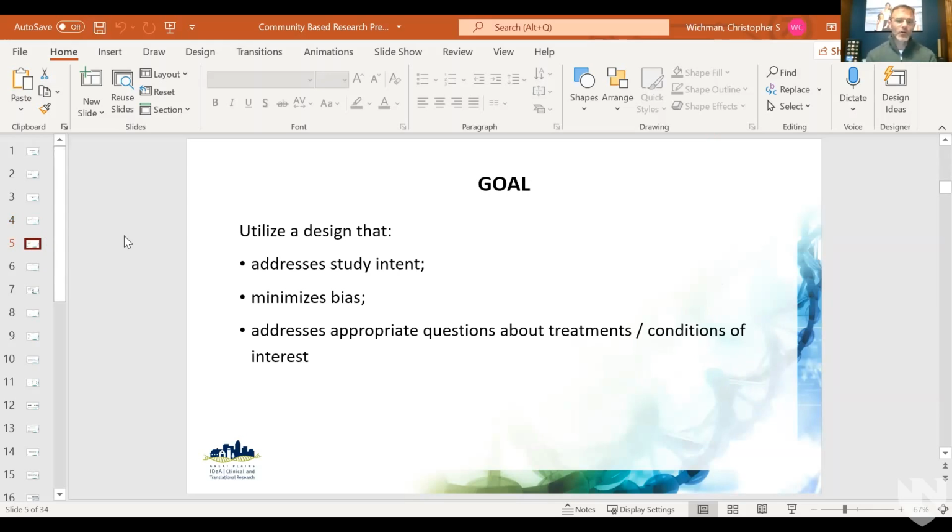So our overall goal with study design in general is we want a study design that actually follows through with our study intent. Along with that, we also want to be able to minimize our bias. When we talk about minimizing bias, the design elements, which I will talk about in a little bit, are trying to make sure that we're not putting any one group into one condition.